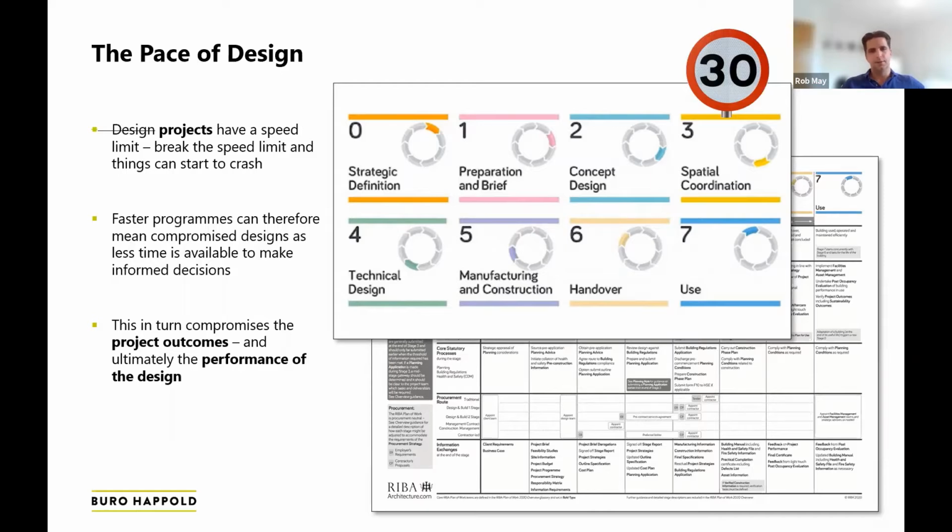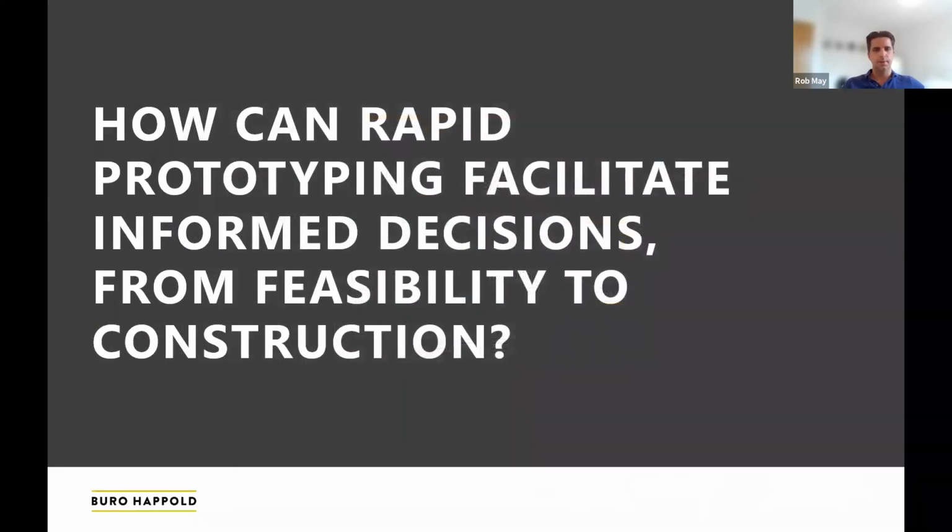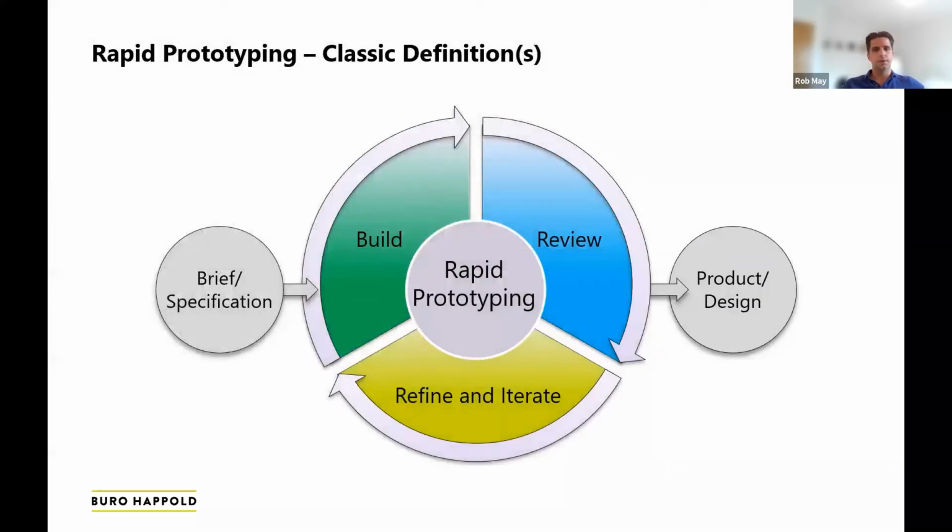So we need to develop ever faster ways to test and validate designs as we're going through in order not to compromise the outcome. So how can we do that? How can rapid prototyping facilitate that? How can it facilitate informed decisions from feasibility through to construction?